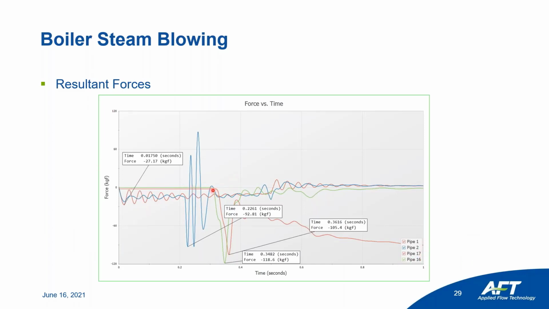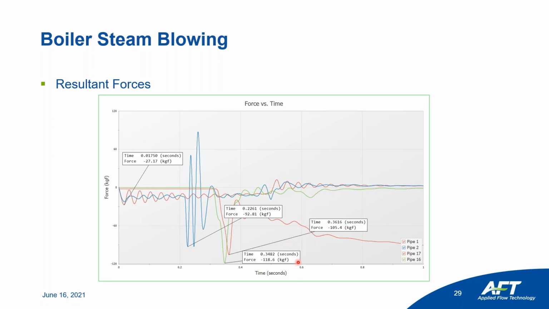We can see the maximum force for pipe 1 is 21.17. Pipe 2 is 92.81. And for pipe 17, the one that discharges to atmosphere, is 105 kilogram forces.